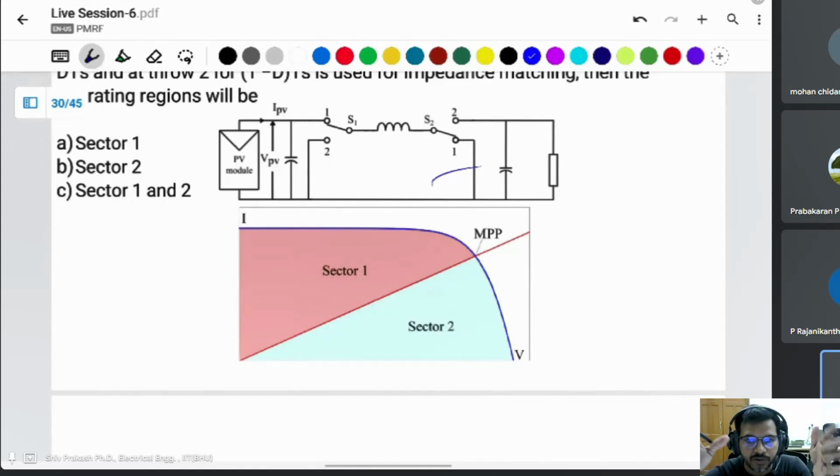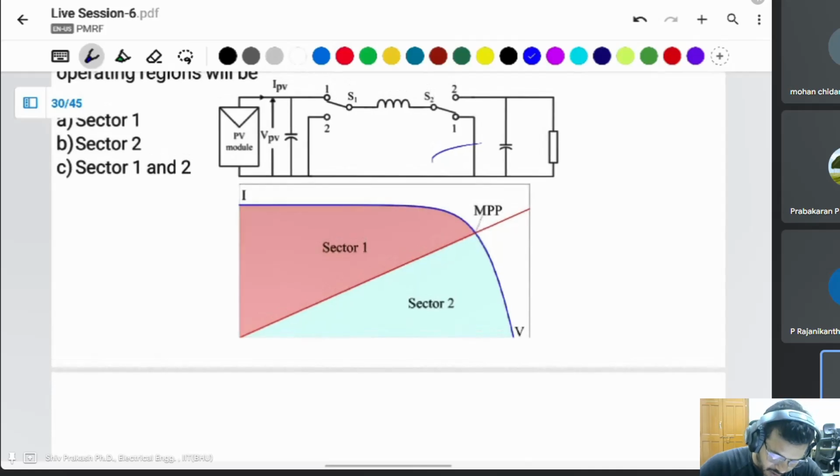To determine the operating region of any converter for maximum power point tracking, you use the output resistance and input resistance and match them by the duty cycle. First find the relation between the input and output resistance with the help of the duty cycle.